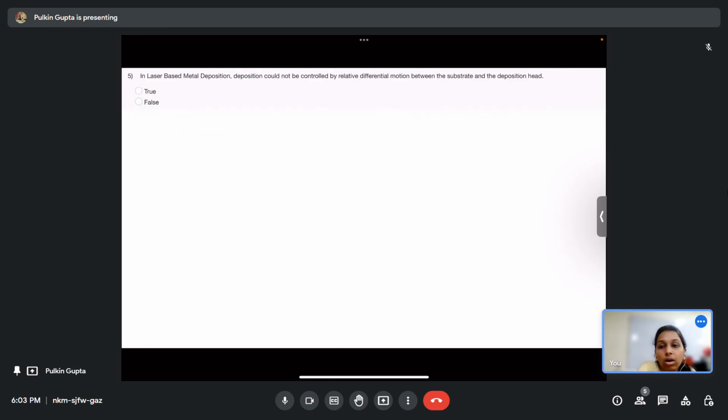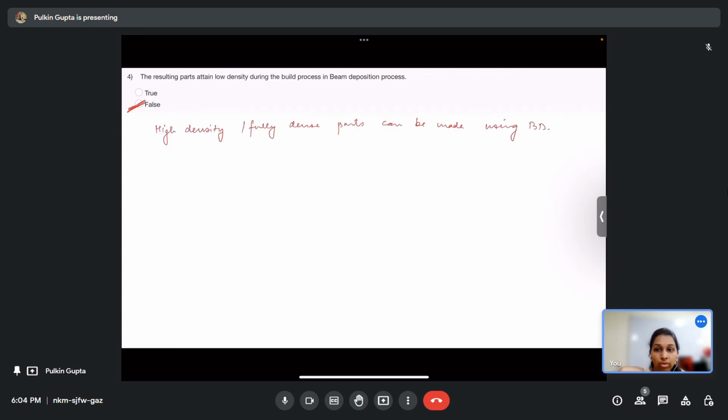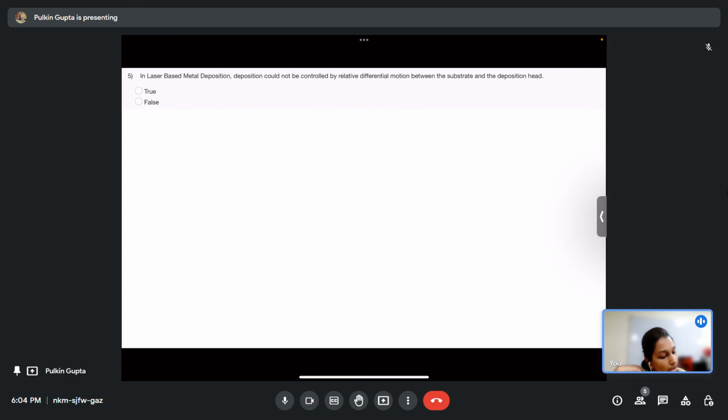Okay, so next question. In laser based metal deposition, the deposition could not be controlled by relative motion between the substrate and the deposition head. True or false? So the answer is false.